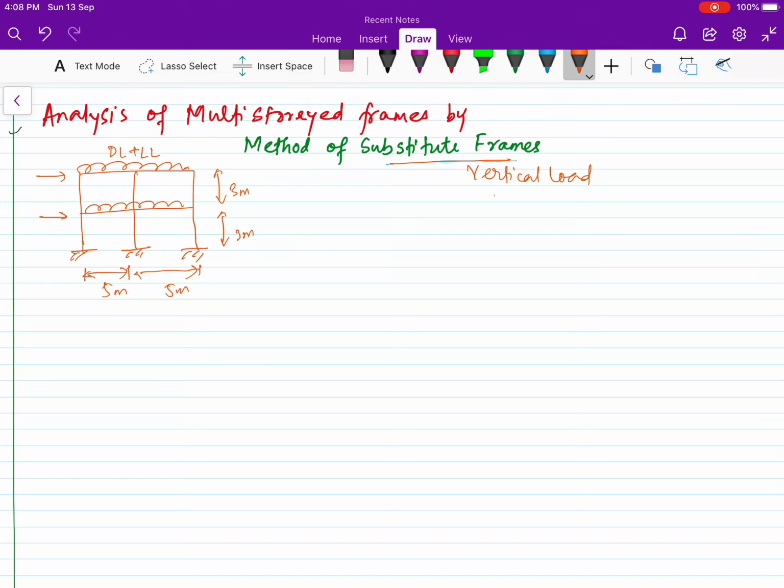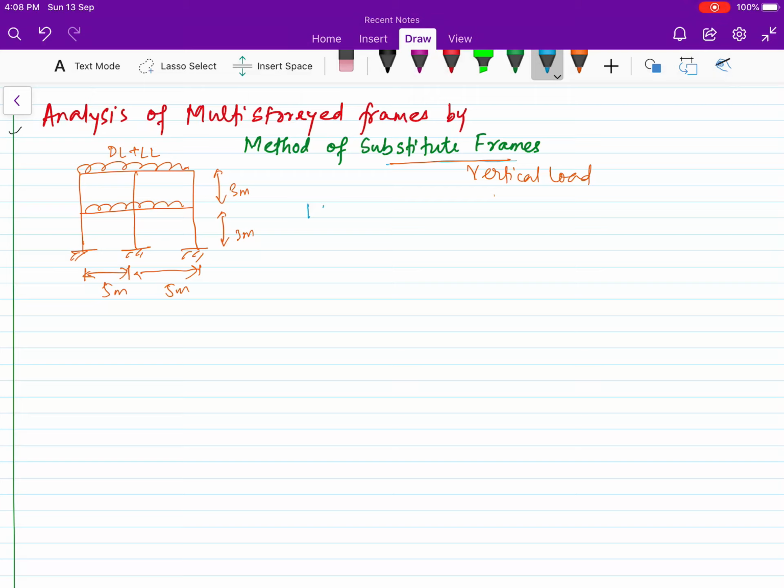So we will be only analyzing for vertical load. In part 3 we will be analyzing the structure for the lateral load using the portal method. I have already given a portal method video, but for this frame I'll be giving another video so that we can continue, and then we will do the design. Once we do the structural analysis, we can design the members.